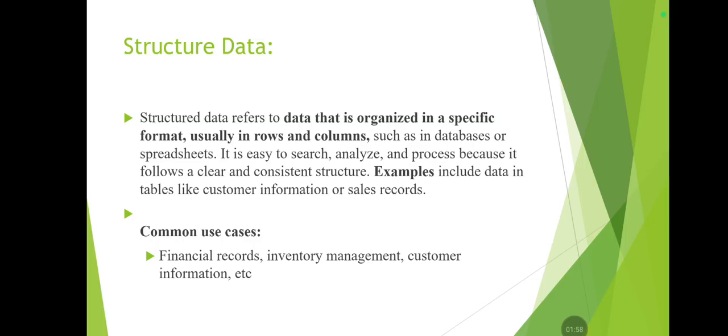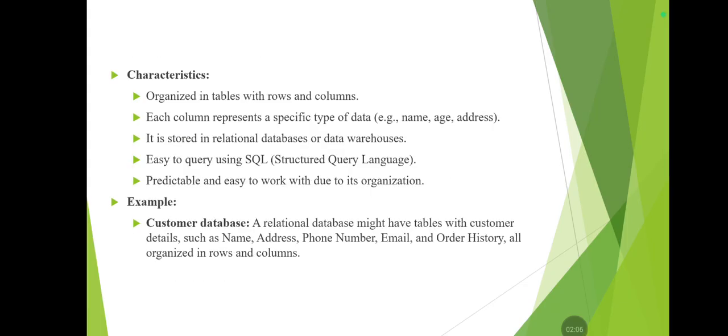So this structure makes it easy to apply algorithms and tools that accept a clear predefined format. Characteristics: first one, organized in tables with rows and columns. Second one, each column represents a specific type of data, for example name, age, address.